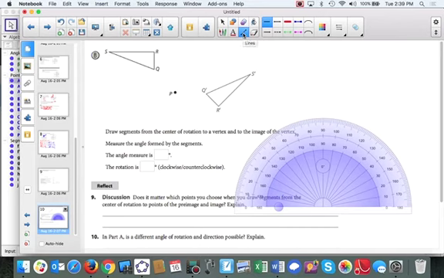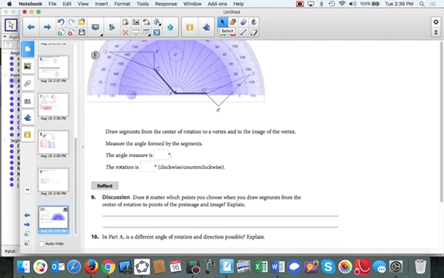So I'm going to draw a segment from P to Q prime and from P to Q. And then I'm going to measure that angle. And it looks like it's 130 degrees. And it went clockwise.